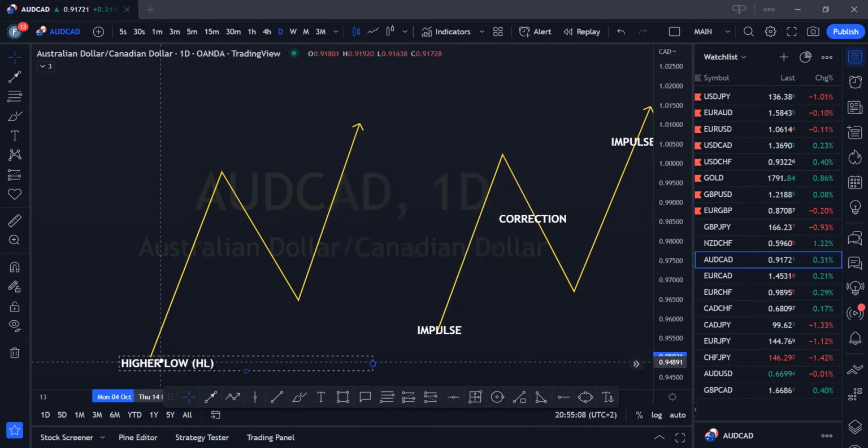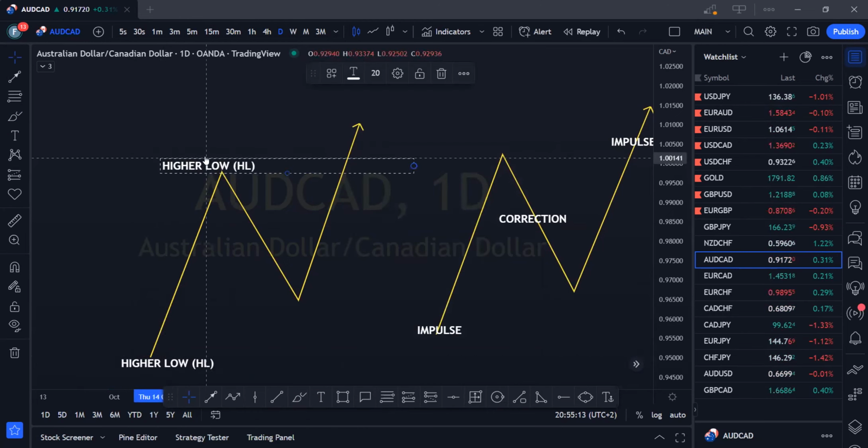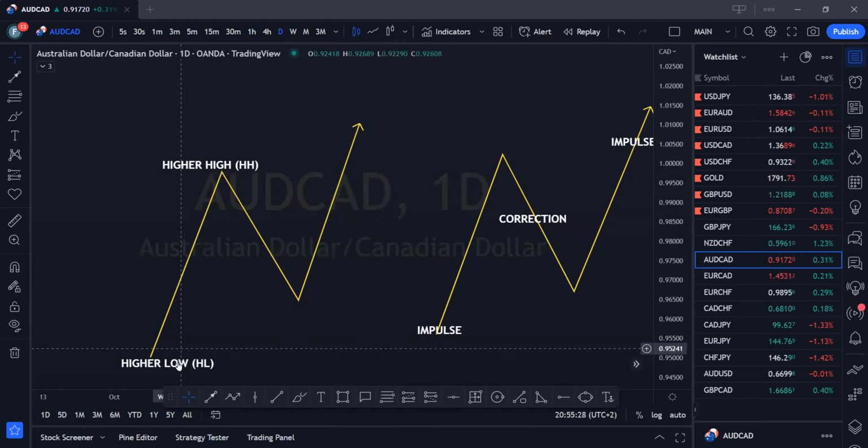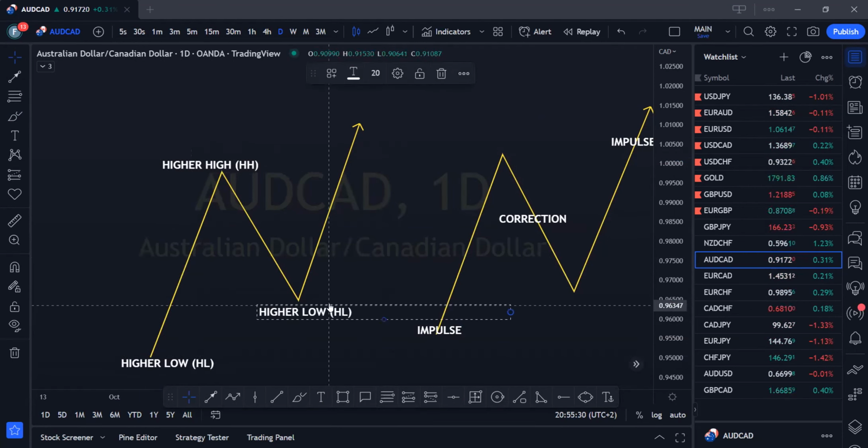We have a higher low, and then we have a higher high, HH, like so. And then we have a higher low here, and then we have a higher high here. Okay, so we say an uptrend is like this.